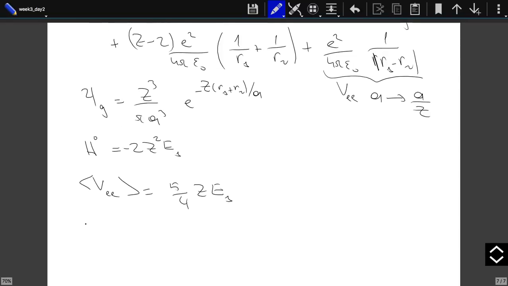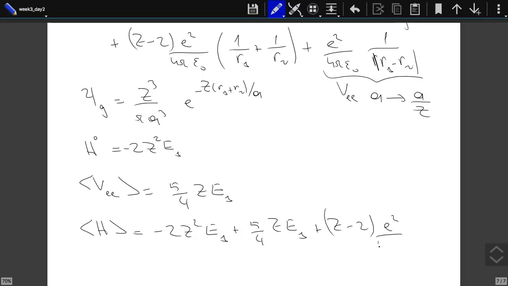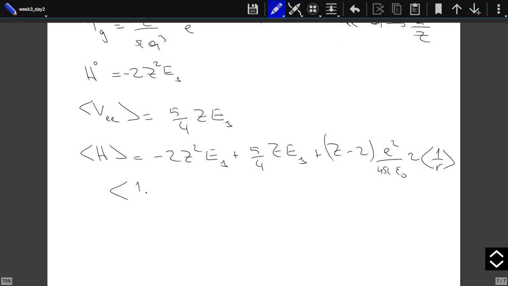So the full Hamiltonian, the expectation value of the Hamiltonian, will be minus 2 Z squared E1 plus 5/4 Z times E1 plus (Z minus 2) e squared over 4 pi epsilon 0 times twice 1 over R. And 1 over R, in the hydrogen atom case, is 1 over a. But since we have an atom with a nucleus which has a charge Z, this is Z over a.